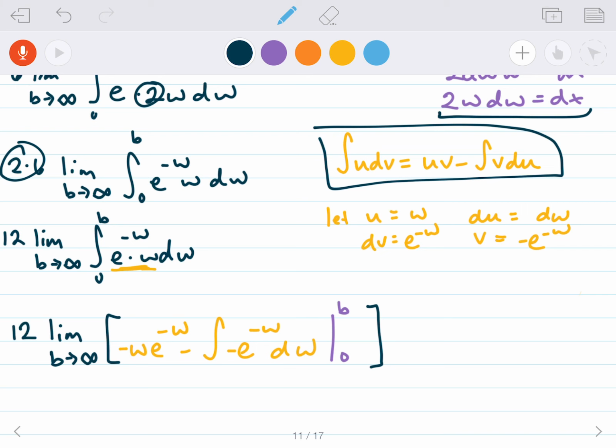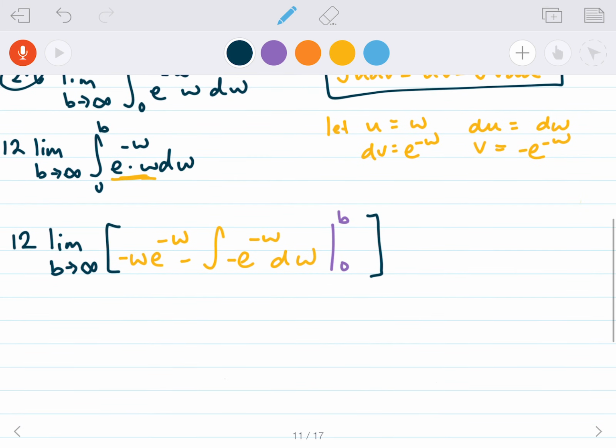Before we put in our limits of integration, I'm going to evaluate this integral completely. What we can do first is pull out a negative sign from the negative e to the negative w.